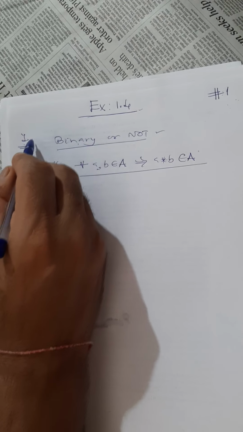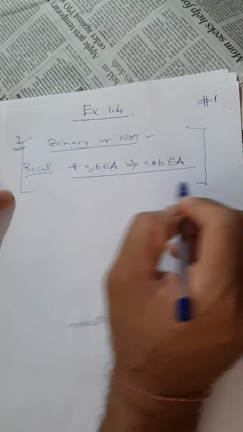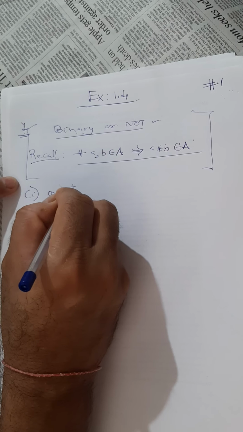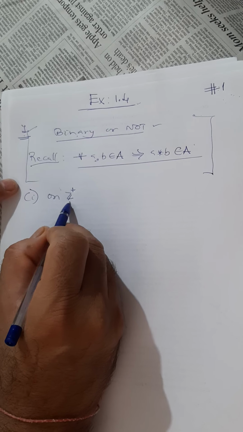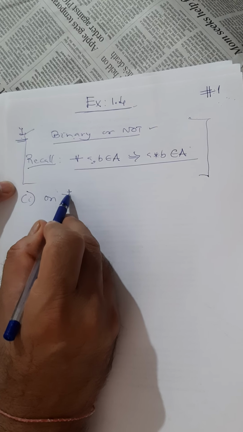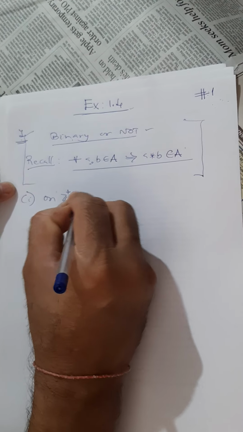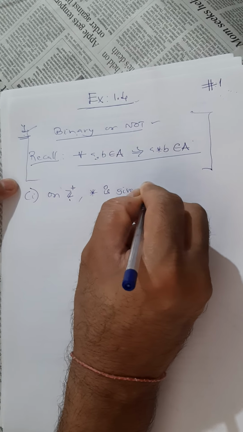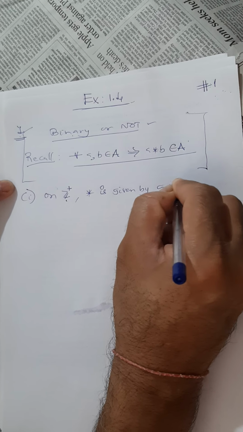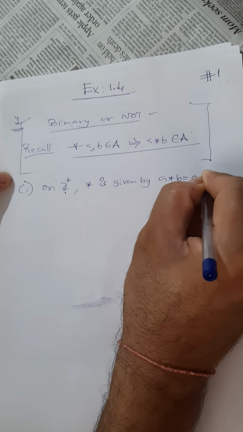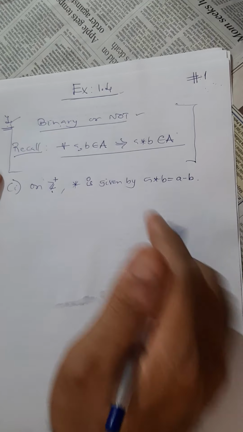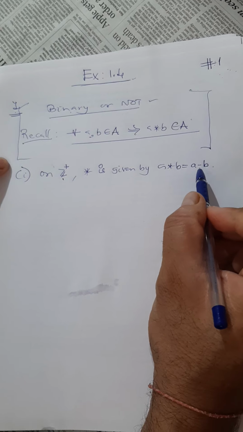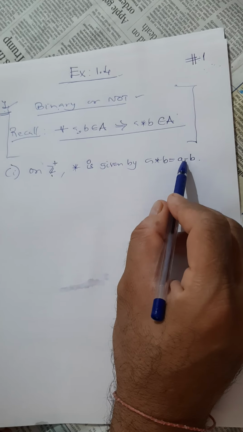Now, question number 1. On Z plus, that means positive integers. Remember, Z means all integers, plus means positive integers, and star is given by A star B equals A minus B. We already discussed this. This is indirectly subtraction.